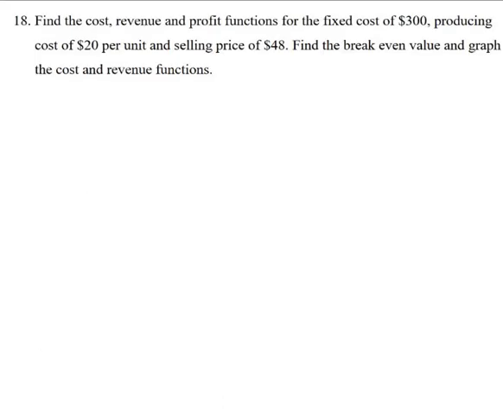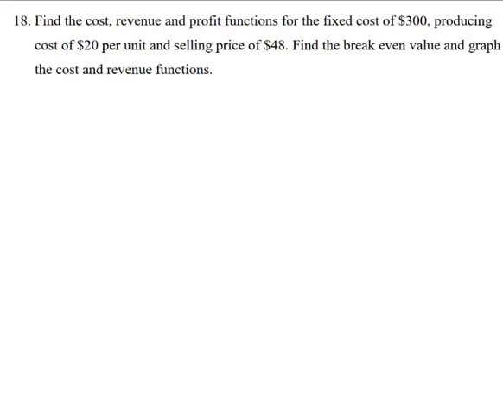Find the cost, revenue, and profit functions for the fixed cost of $300, producing cost of $20 per unit, and selling price of $48. Find the break-even value and graph the cost and revenue functions.